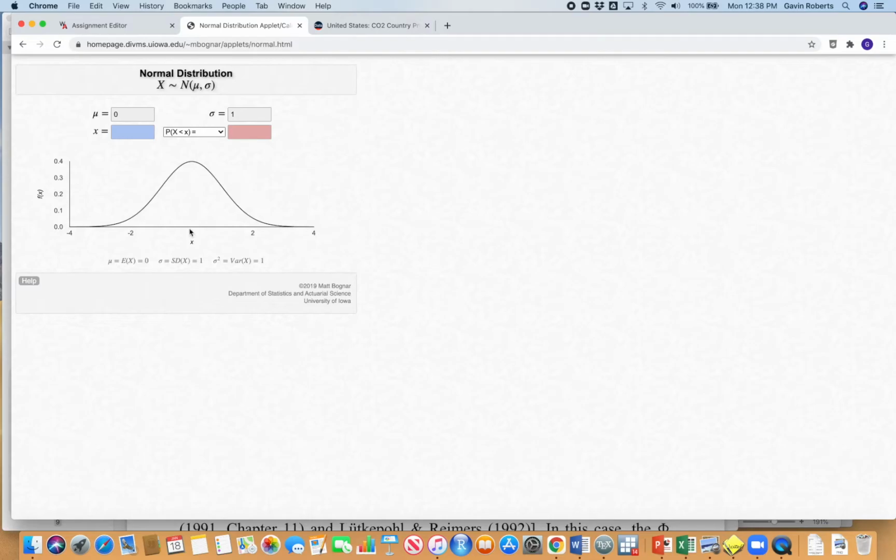So if I was starting at X bar in the middle, I'd want to keep going up until there was only 2.5% in this tail. Because if there's 2.5% in this tail and 2.5% in this tail, that means there's 95% in the middle. Well, if I found the number over here such that 2.5% is in this tail, how much is to the left of that number? 97.5%.